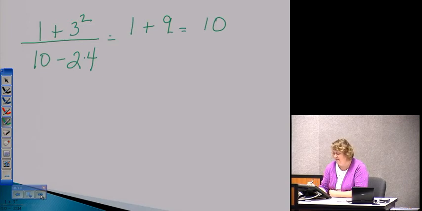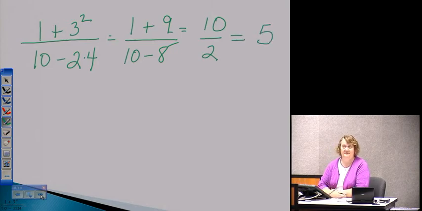On the bottom, I have 10 minus 2 times 4. 2 times 4 is 8. 10 minus 8 gives me 2. The last step is to do the division. 10 divided by 2 is 5.